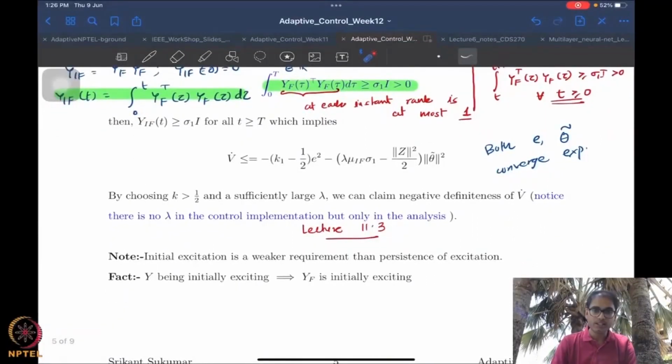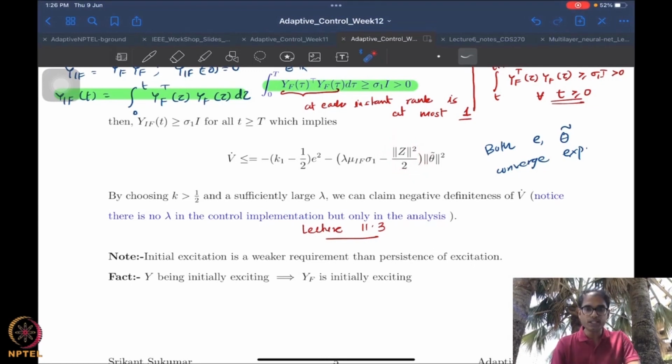Then you notice, and we talked about this earlier also, there is a state dependent term here, which did not exist before.